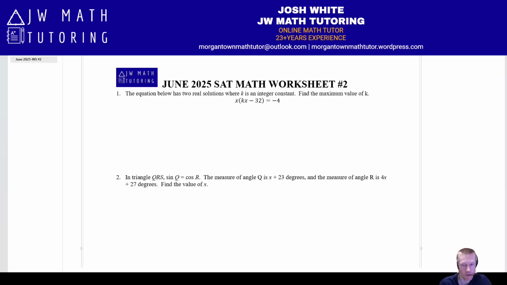But there could be some minor differences between what you saw in the exam versus the question you see here. And the other thing to keep in mind is some of these on an official exam might be multiple choice, but I'm doing them here as free response. So it's possible there are additional solution methods available if the question is set up with multiple choice answers as compared to a free response type, where you have to type in the answer.